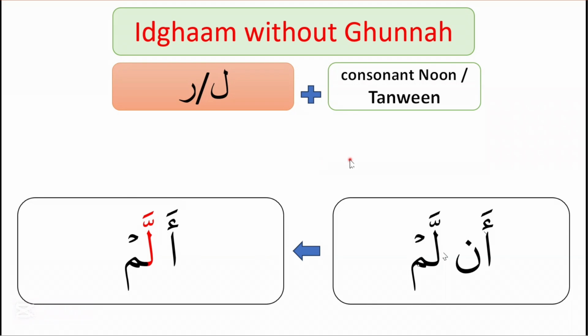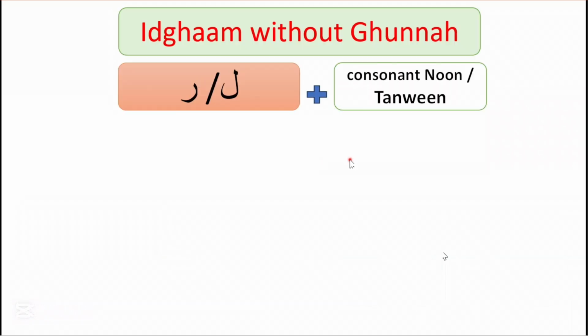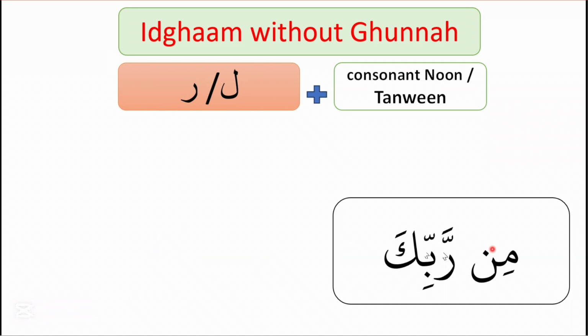We need one example for the letter ra. Here, the two words: the first word has the last letter, the letter noon, consonant, and the following word starts with the letter ra.